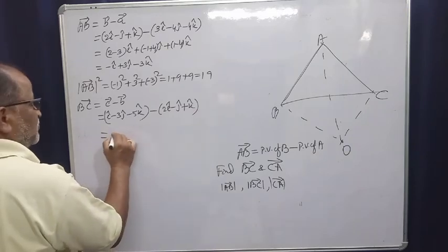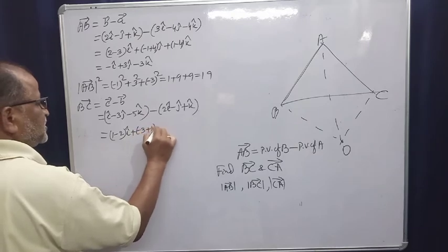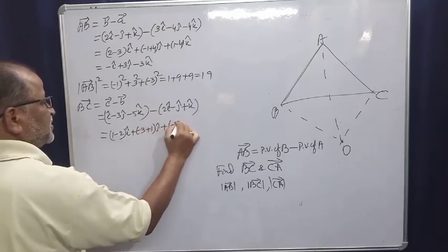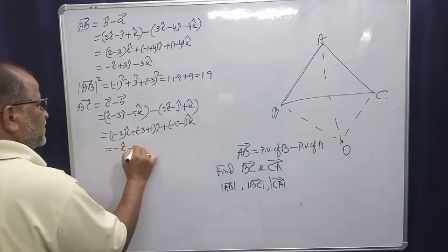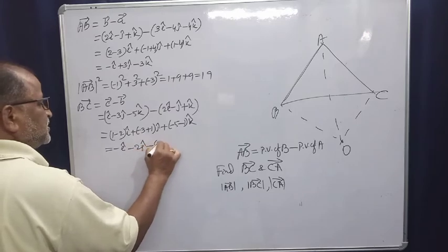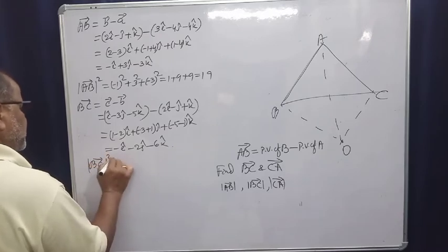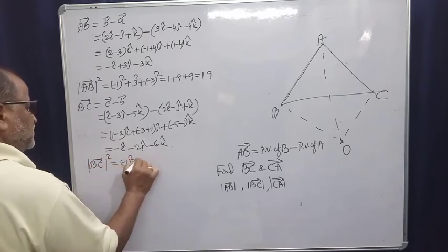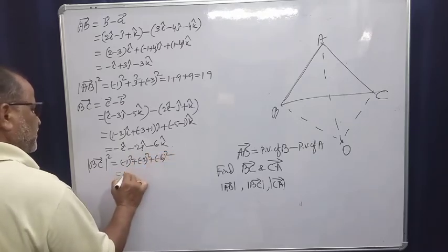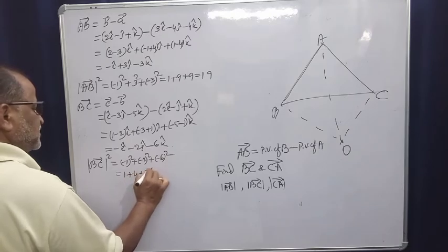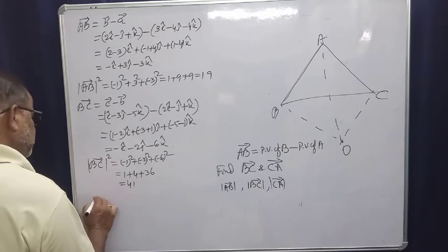It is (1 minus 2) i cap plus (minus 3 plus 1) j cap plus (minus 5 minus 1) k cap. This is minus i cap minus 2j cap minus 6k cap. So magnitude of BC square is minus 1 square plus minus 2 square plus 6 square, 1 plus 4 plus 36, that is 41.